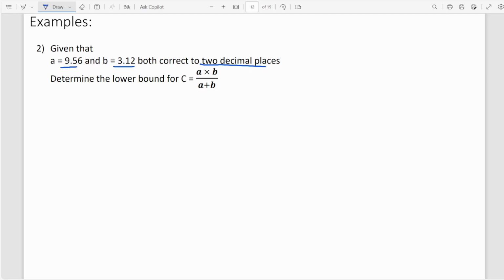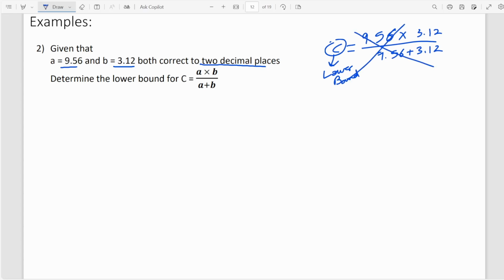By the way, a really common mistake for some students is that they just substitute 9.56 multiplied by 3.12 over 9.56 plus 3.12, and they get a value for c, and then they find the lower bound for c by subtracting half or something. This is completely wrong. Okay, never do this, because c is the result of a and b and the operations between them. What you need to do is find upper and lower bounds for a and b, okay? Because they're the values that are being rounded to 2 decimal places.